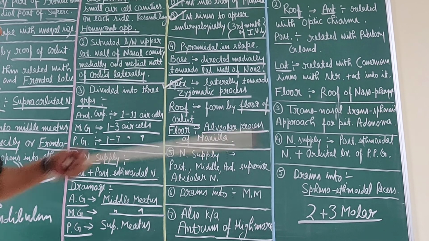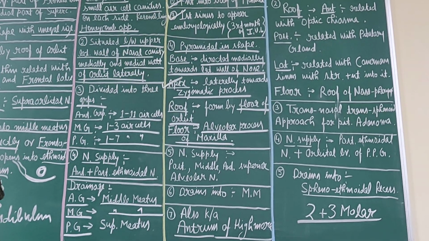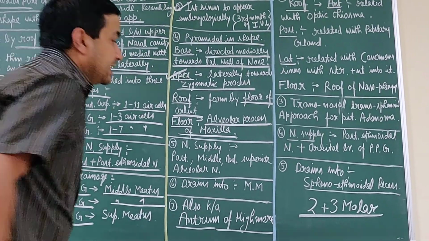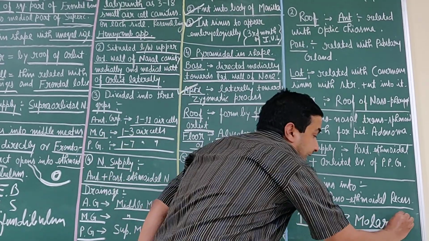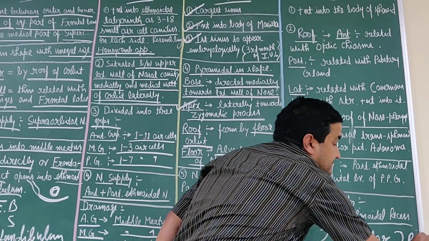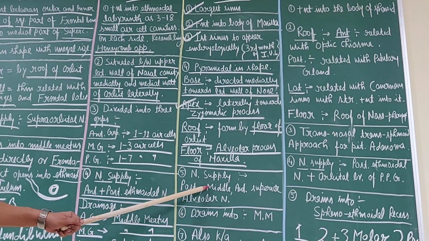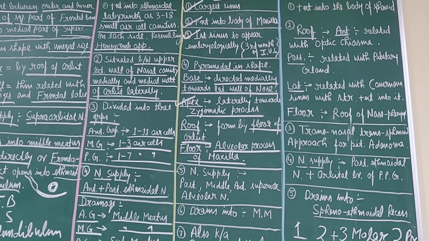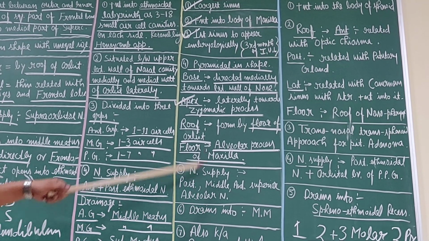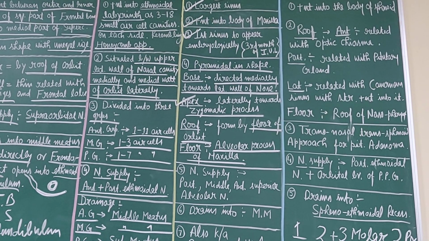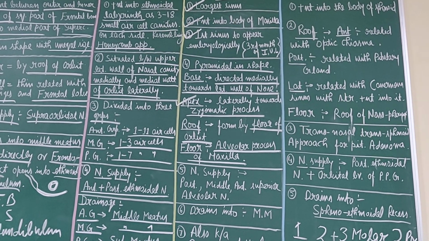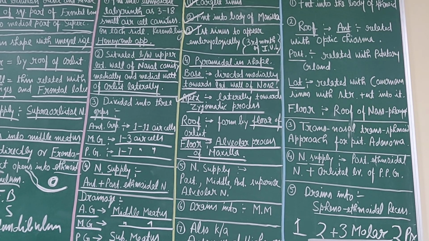In old age, when the sinus is enlarged in size, it comes in relation with the first molar and second premolar teeth. And that is why in case of dental caries or dental infection, there is a chance of inflammation of the maxillary sinus.